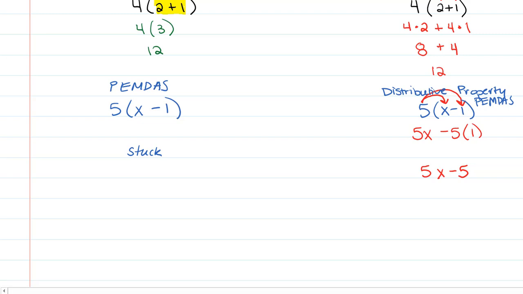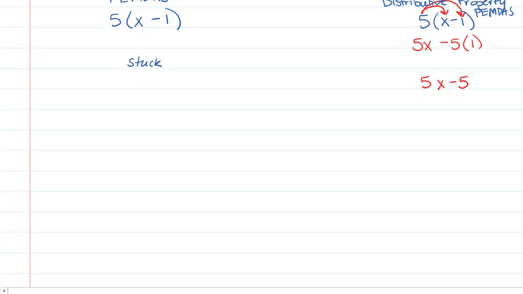So let's take a look at another example, something with a few more steps. So I'm going to have you simplify 6 times 2x minus 3 plus 7x. If you knew nothing about the distributive property, we're stuck here.